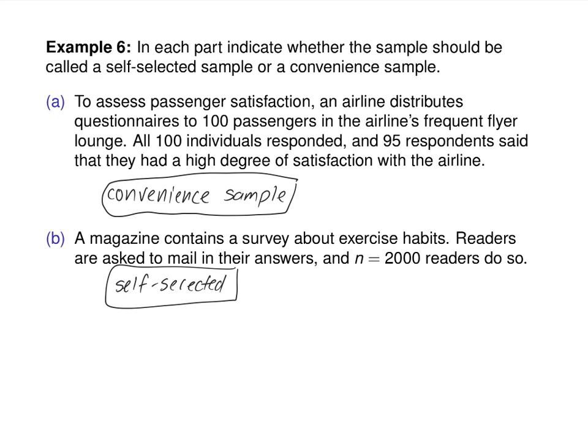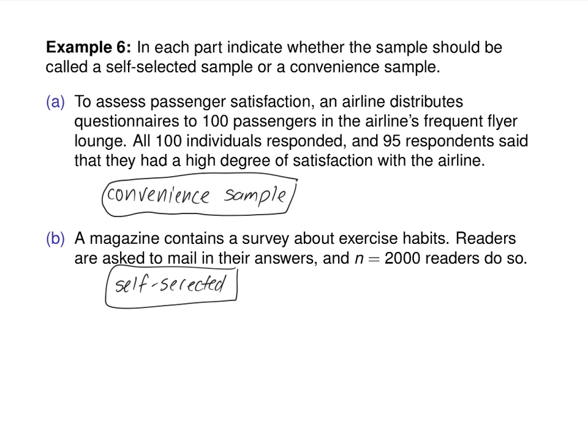Would that change to a convenience sample if the magazine somehow knew X amount of people exercise on a regular basis? Like if they only sent it to people who they know work out 5 times a week, would that then be a convenience sample? No, a convenience sample is really just that you have this group of people in front of you and you survey them.